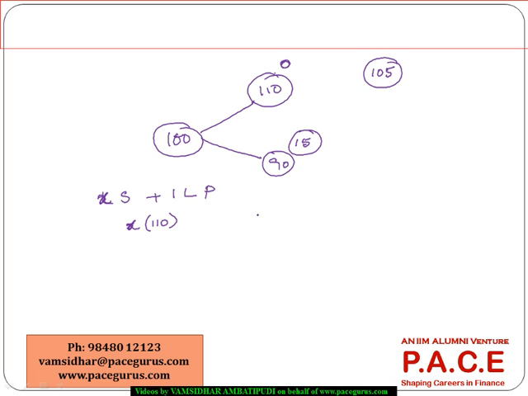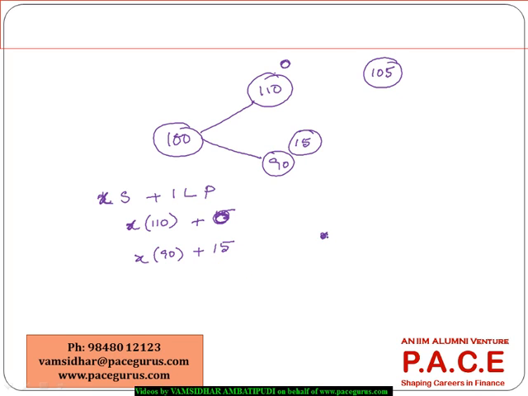So I am going to get a benefit of 15 by exercising this put. So the portfolio value is going to be X times 110 plus 0 in case the stock price touches 110, whereas in case it is touching 90, the portfolio value is going to be X times 90 plus 15.